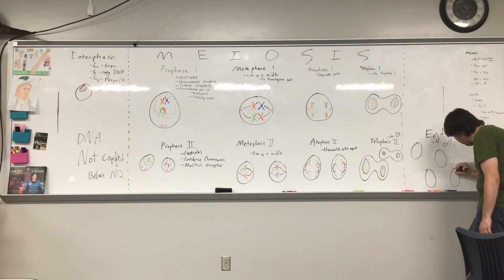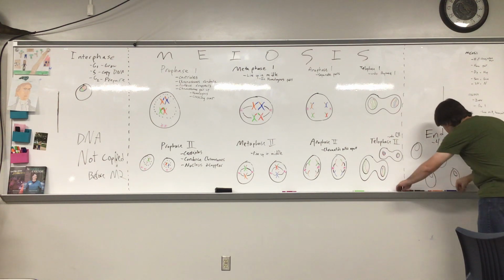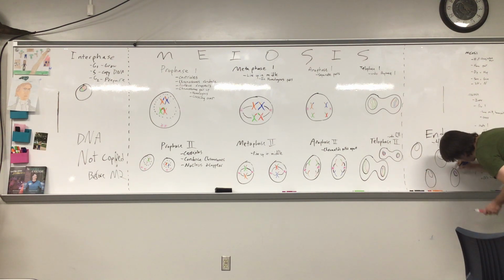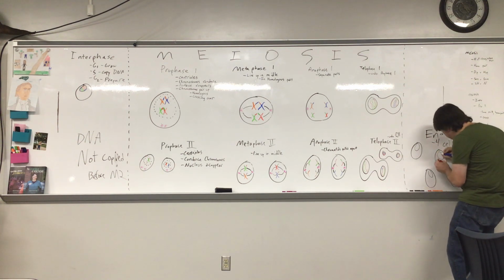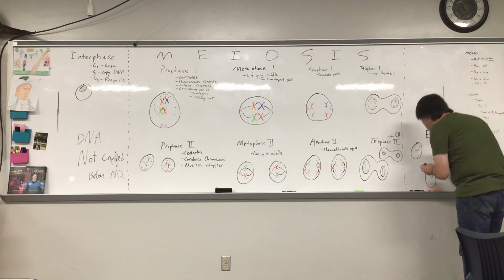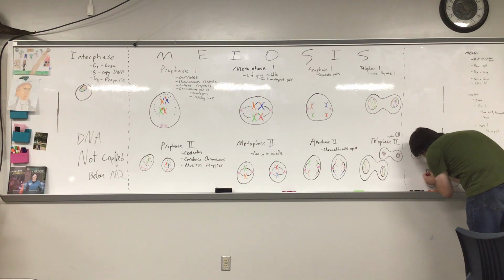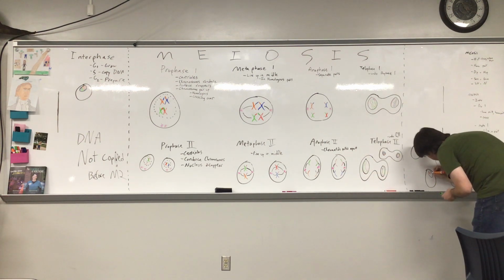Let me draw the nuclei back. And we have blue and red, little bit of each here, with tips there. Got green and orange.